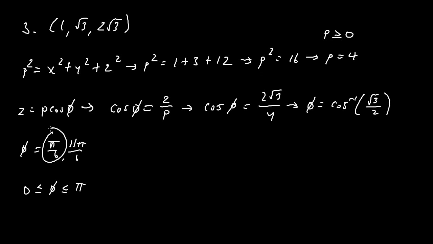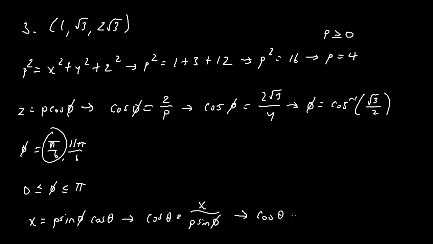Now in order to find theta, remember that x is going to equal rho sine phi cosine of theta. So we go ahead and isolate cosine theta. So cosine of theta is going to equal x over rho sine phi. So cosine of theta is going to equal the x coordinate, which is 1, over rho, which is 4, times sine of pi over 6, which is our phi value.